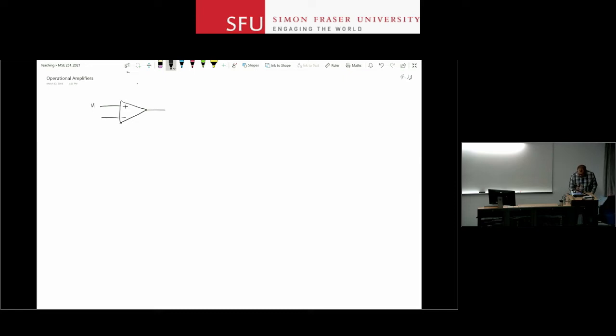And for a basic op-amp, this is the basic relationship. V out is A, some voltage gain, times V1 minus V2. That's what an op-amp does. A linear device, it looks at the difference between two signals and multiplies it by a gain value.